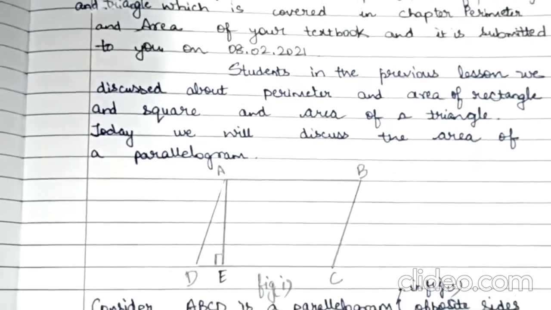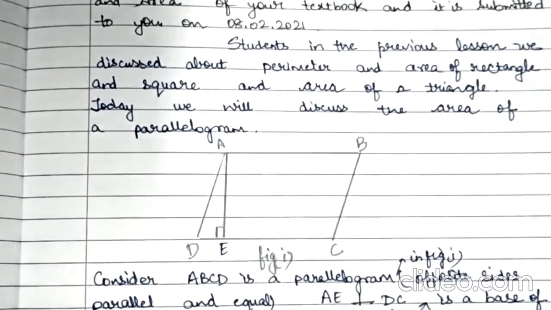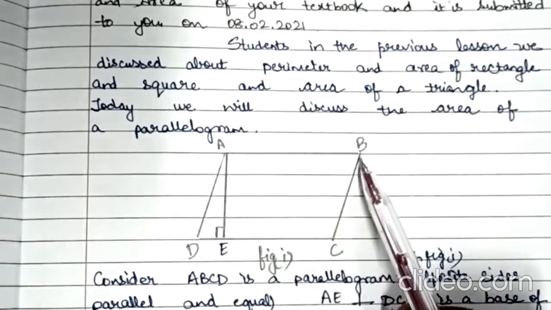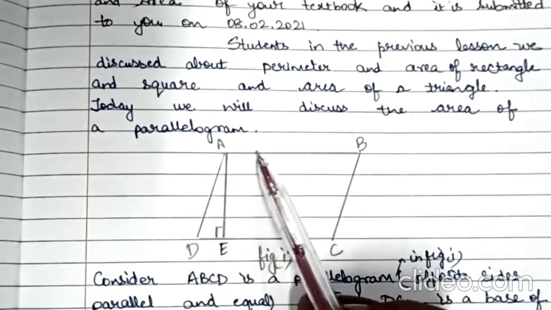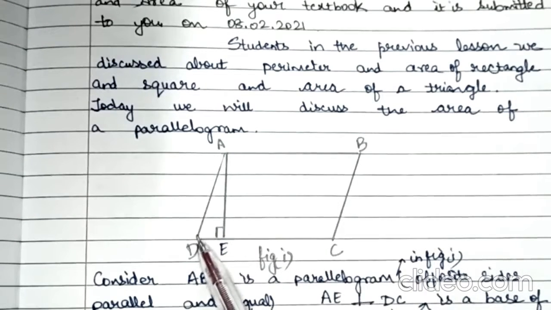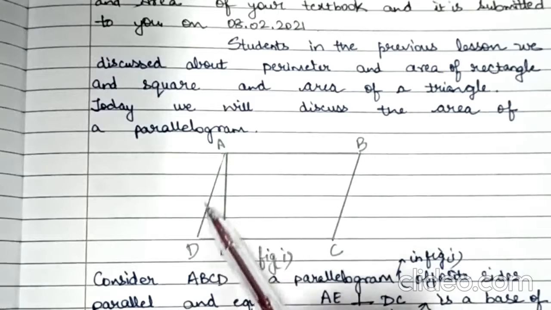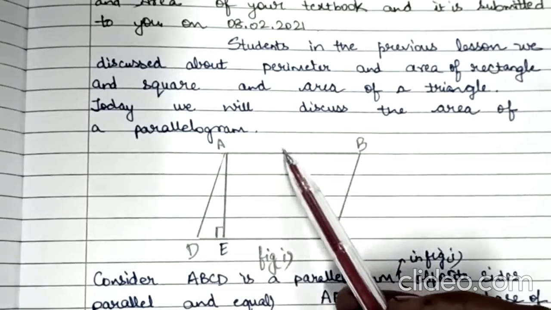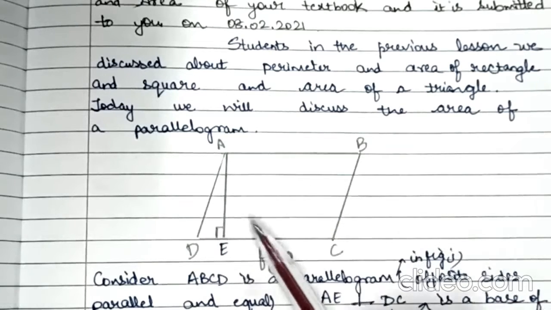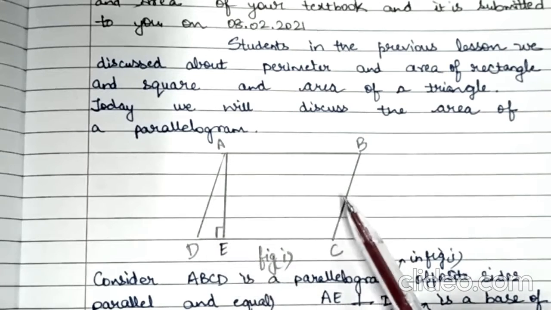So, let us start our topic. Now, see figure 1. We have a parallelogram. A parallelogram is a quadrilateral, a four-sided polygon whose opposite sides are parallel as well as equal to each other.